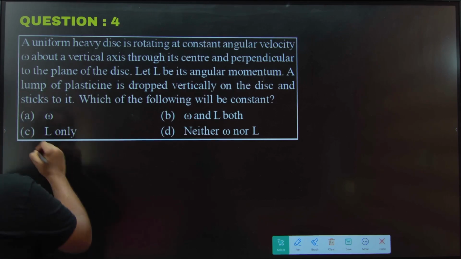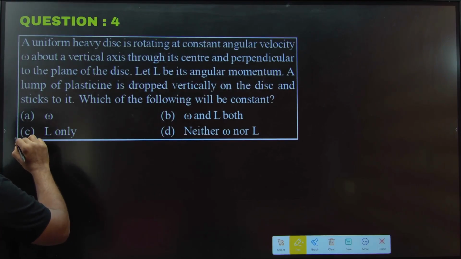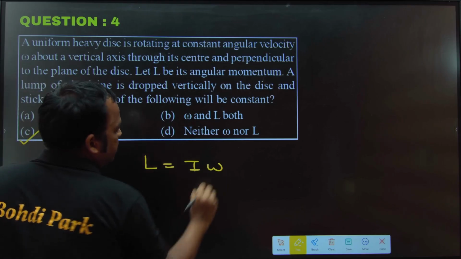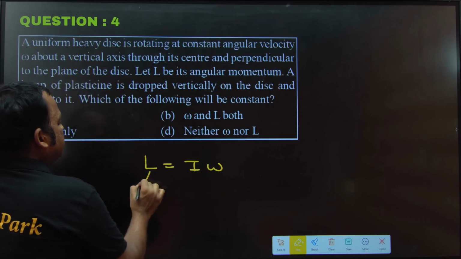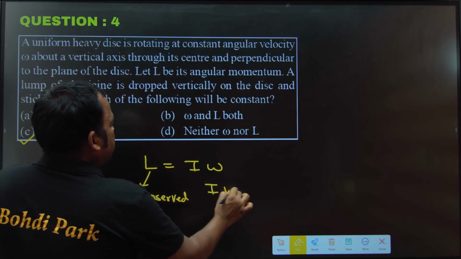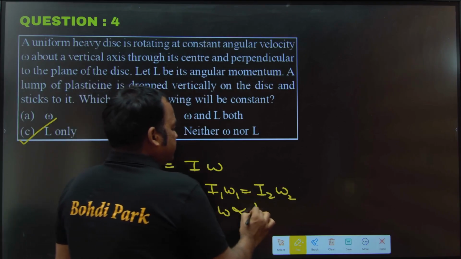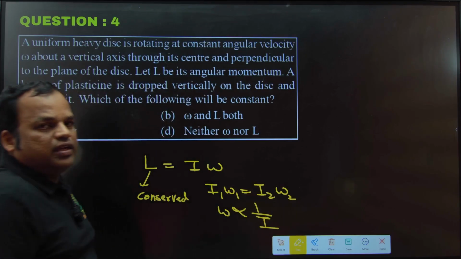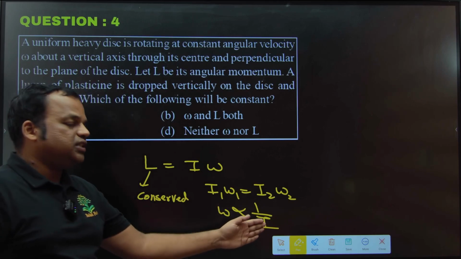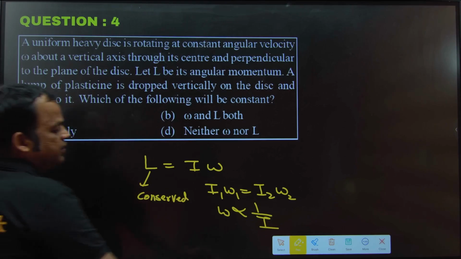So angular momentum will be conserved, and we know that L is equal to I omega. So L will be conserved and I1 omega 1 will be equal to I2 omega 2, and omega will be inversely proportional to I. If moment of inertia is decreased, omega will increase. If moment of inertia increased, omega will decrease. Okay, done. So next question now.